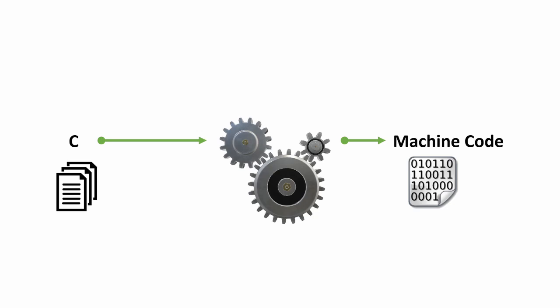But in order to do this, we need something to convert the C text-based language into this machine code, and that is what the compiler is meant to do. That's the thing in the middle. So when we compile code, this is what's happening.